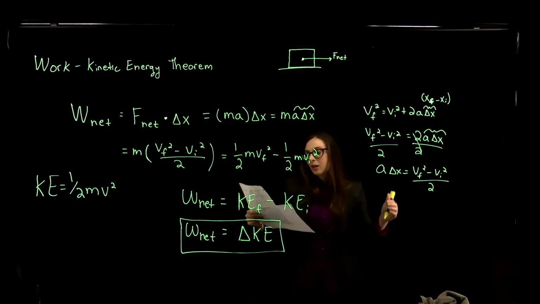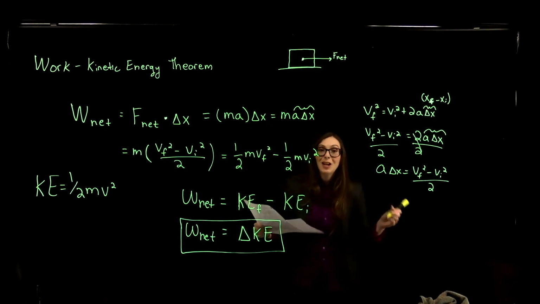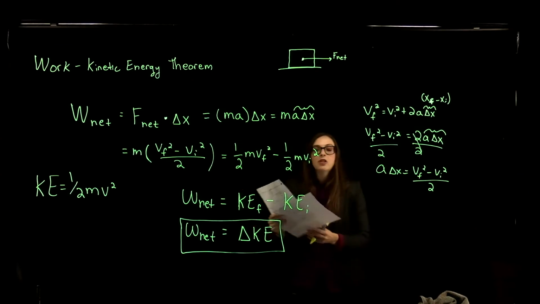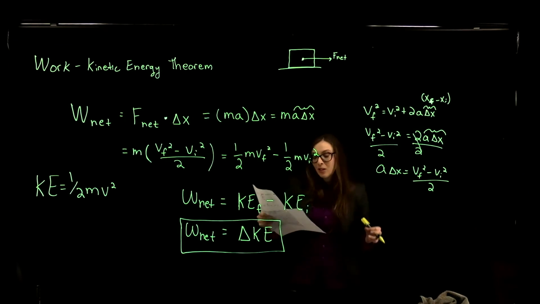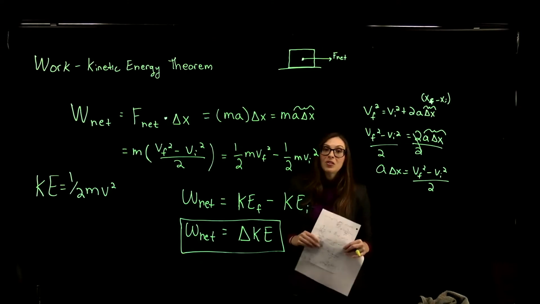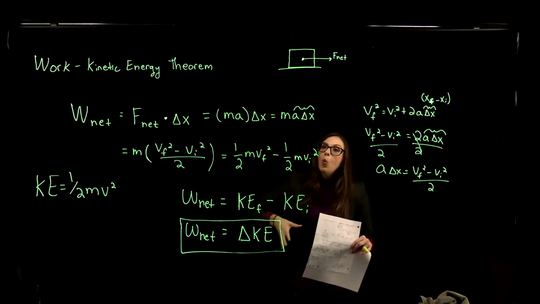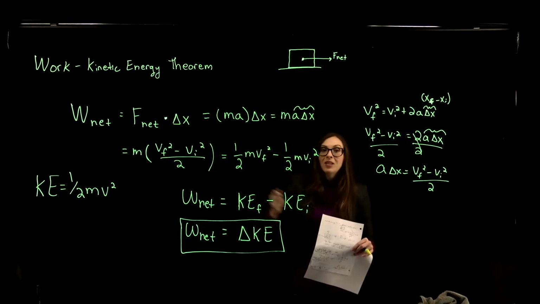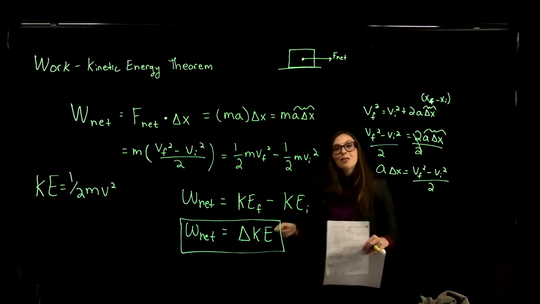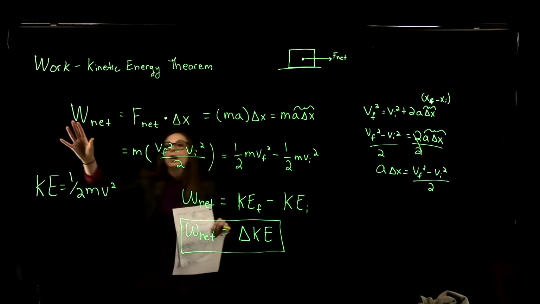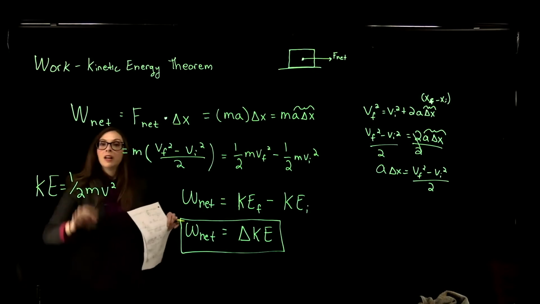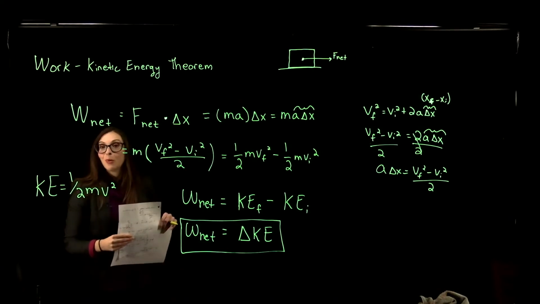An object undergoes a displacement and a change in velocity under the action of a constant net force, or a constant applied force. This is what our work-kinetic energy theorem is and how we can derive it from our very simple work expression that we've been using to this point.